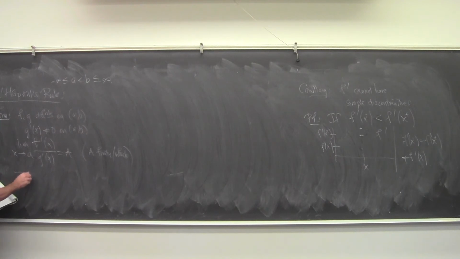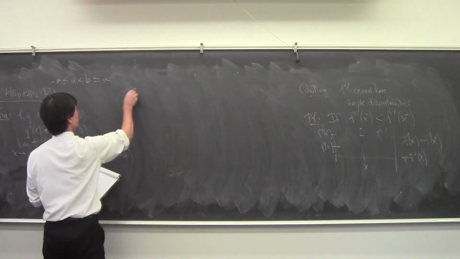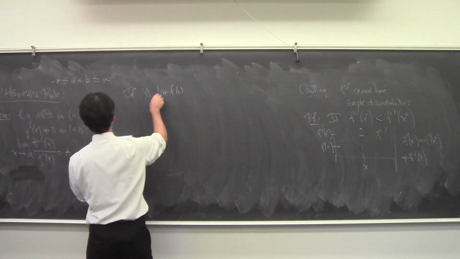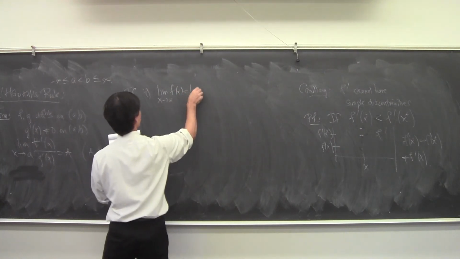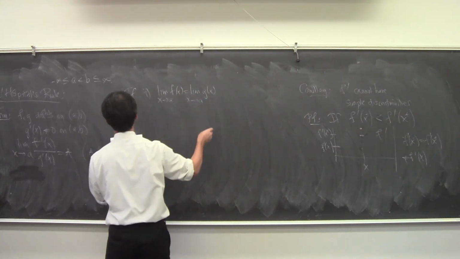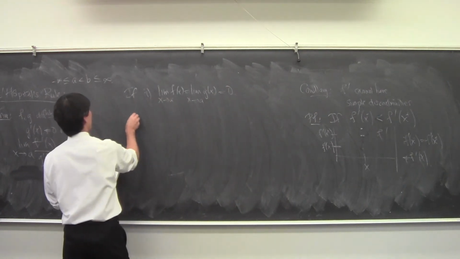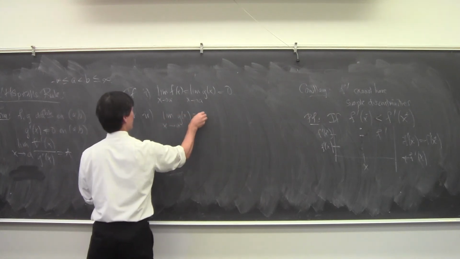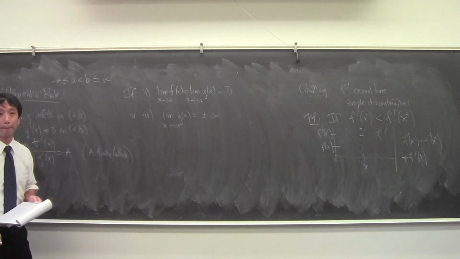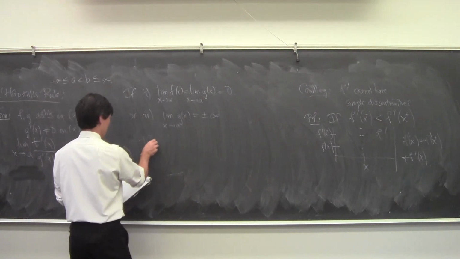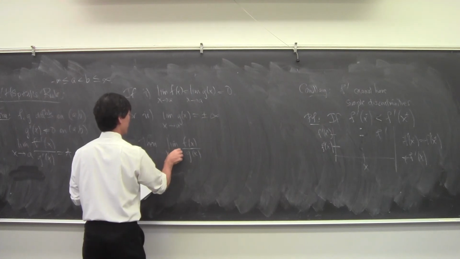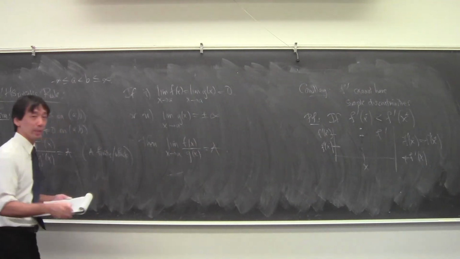Then there are two scenarios. If the limit of f and the limit of g as x approaches a are both 0, or the limit of g is plus or minus infinity, then the limit of the quotient of f and g as x approaches a is the same as the limit of the quotient of the derivatives.